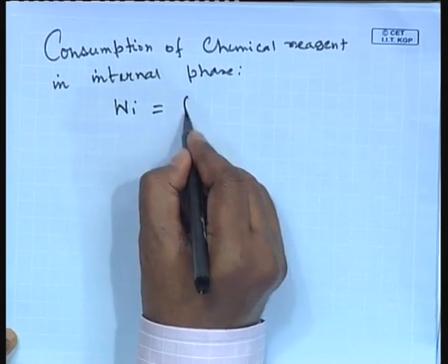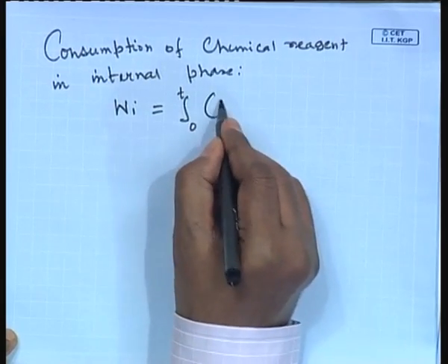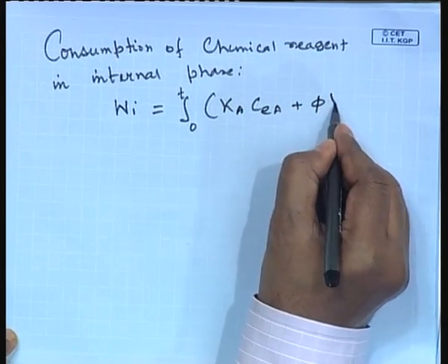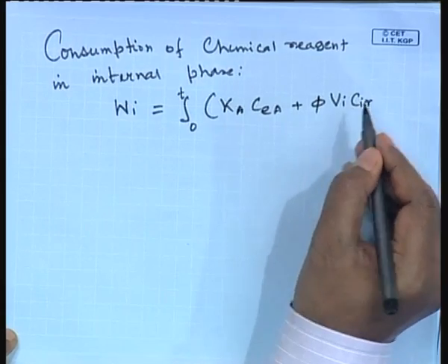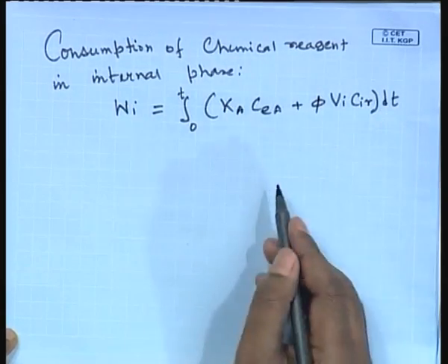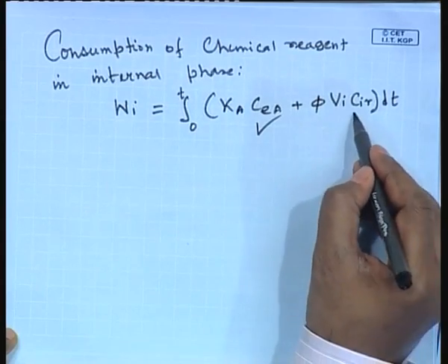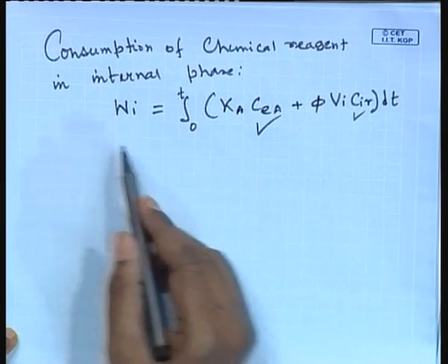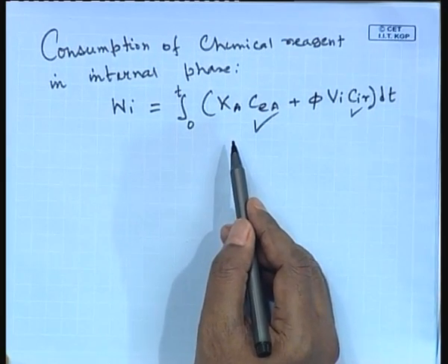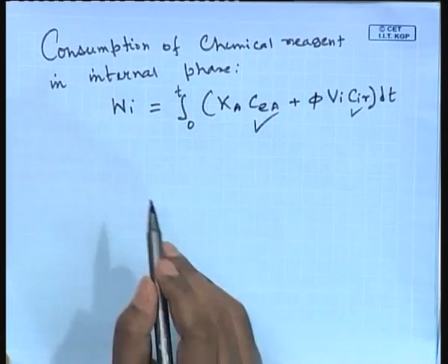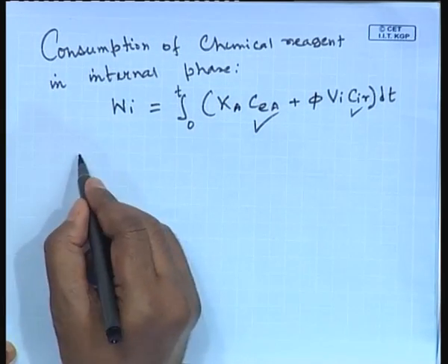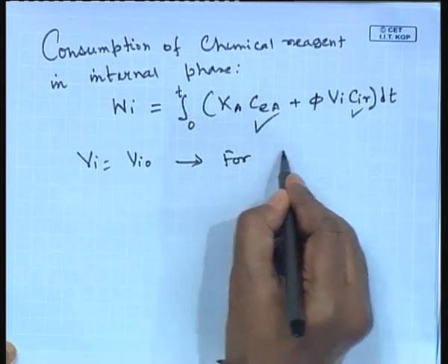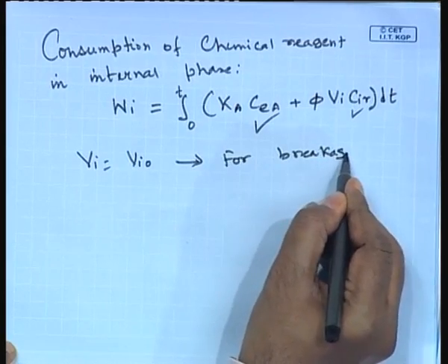So, W_I, the internal phase, will be the integral from 0 to t of K_A C_Ea plus phi V_I C_I_r dt. Okay. We know the expression of C_Ea, we know the expression of C_I_r, we just derived it, and V_I will be equal to V_I0, and we can evaluate the amount of the chemical reagent consumed in the internal phase. And remember, V_I will be equal to V_I0 because the breakage is small.